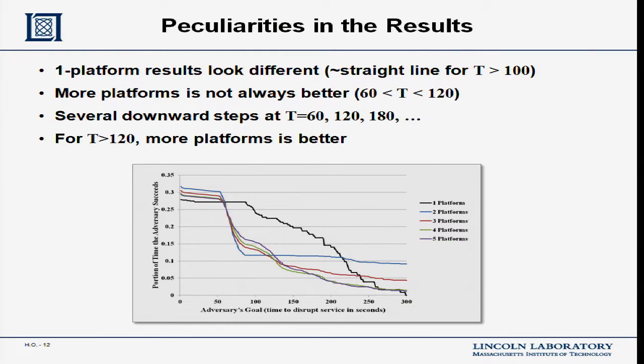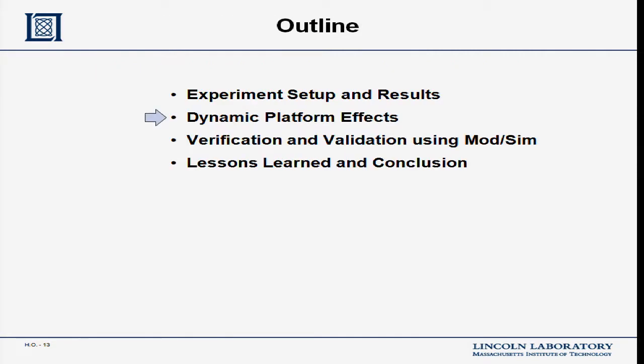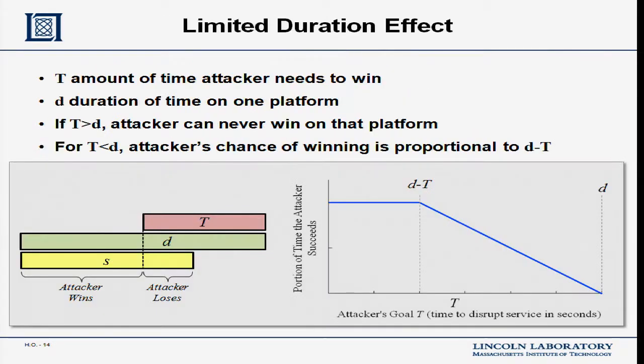So we tried to explain what we are observing in the results by explaining different effects that are going on based on different features that these techniques provide, one by one, to see if we can explain what we are seeing here. Now, the first effect that we have explained is the limited duration effect.